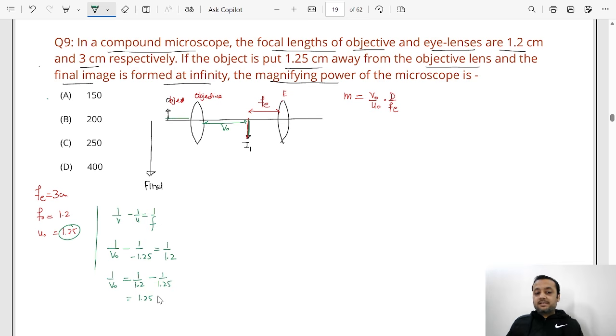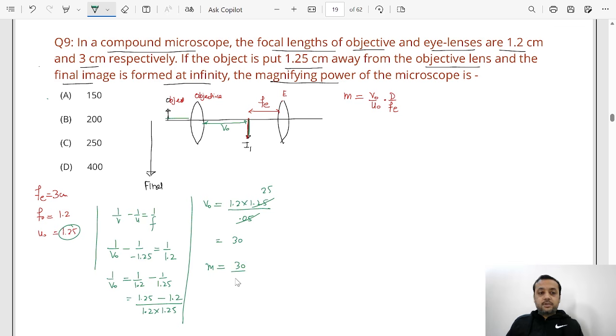If you take the LCM, it is 1.25 minus 1.2 upon 1.2 into 1.25, which means the value of Vo comes out to be 1.2 into 1.25 divided by 0.05. We can write this as 125 by 5, so this will become 25, and 25 into 1.2 is nothing but 30. So the value of Vo comes out to be 30.